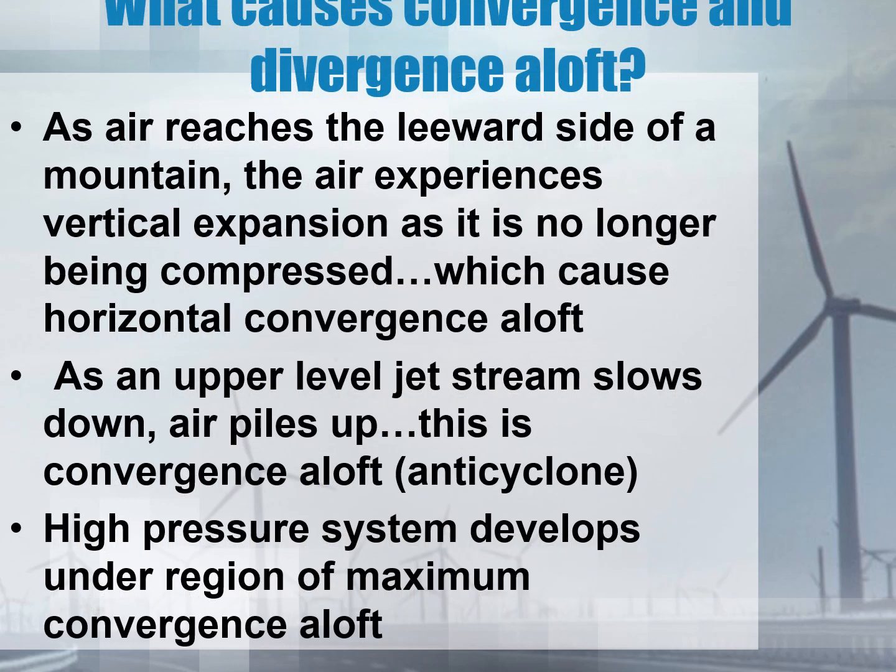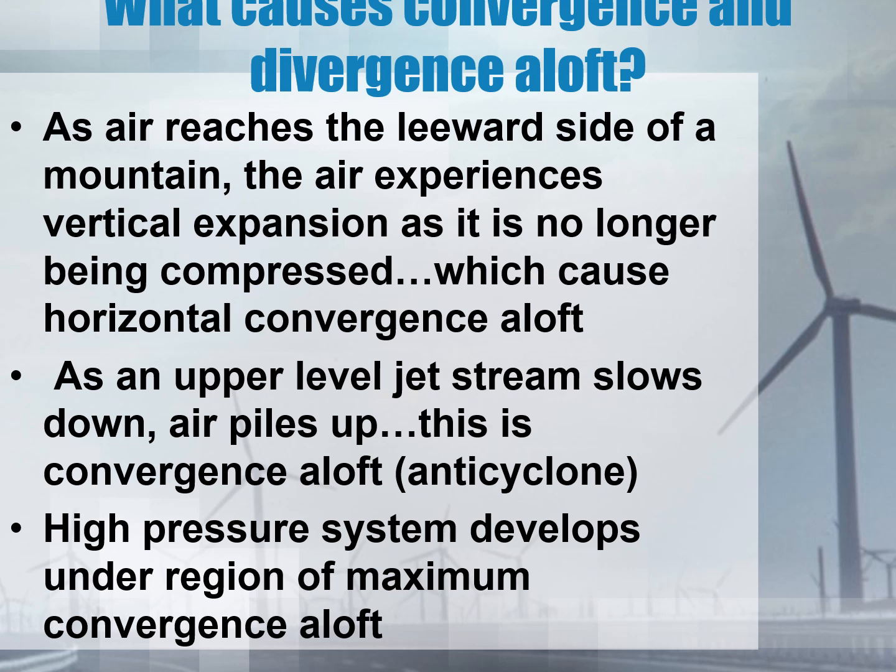Okay, so more on that same notion. So other things that are causing convergence and divergence aloft. Am I going to ask you this stuff on the exam? No. I'm not going to need you to know what causes convergence and divergence aloft, but it is worth a discussion.